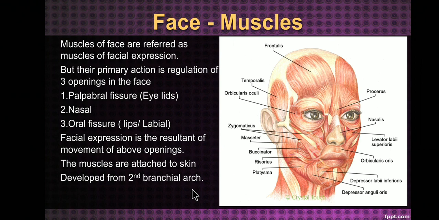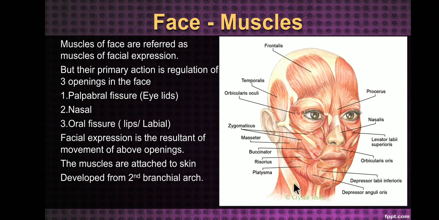So any muscle which is supplied by the facial nerve is developed from the second branchial arch. Even though the muscles migrate to other places, they drag the nerve supply along with them.